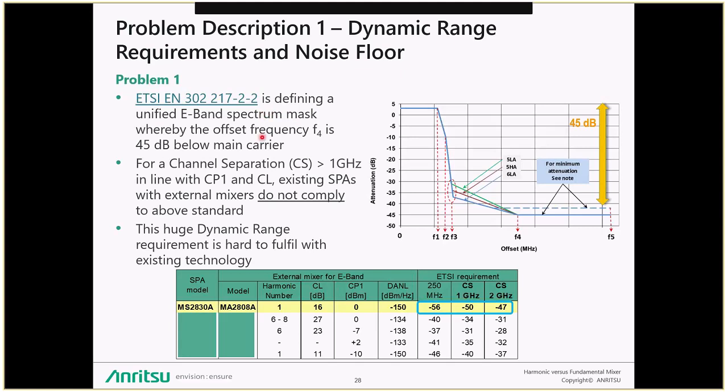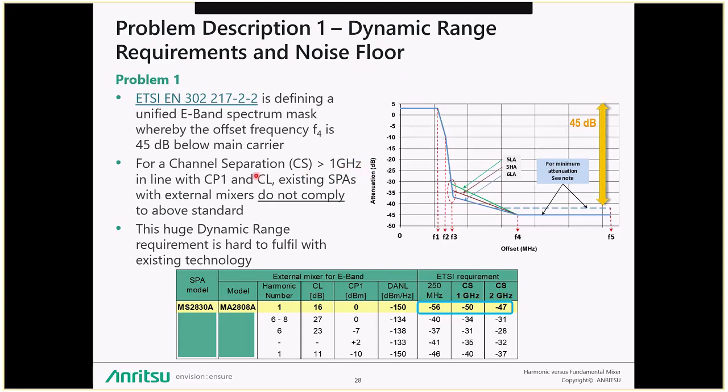This standard defines that the offset frequency F4, that means this frequency, should be 45 dB below the main carrier, that is this level. This is for a channel separation of 1 GHz, that means a channel bandwidth of 1 GHz.